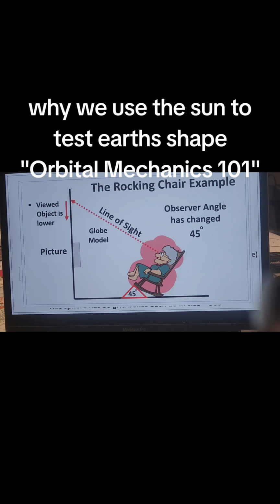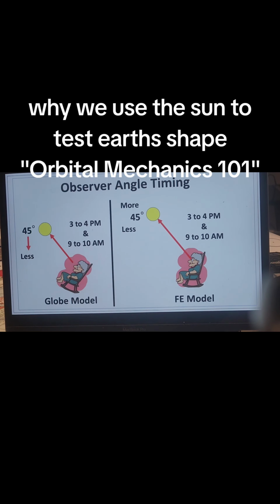So again, this is the effect of angle, what the angle does at a curved surface. And this is why for the 45 degree sector test, for the globe model, if you're at 45 degrees, that sun has to be 45 degrees or less at a certain azimuth, sun plot azimuth to the sun at its sun position.